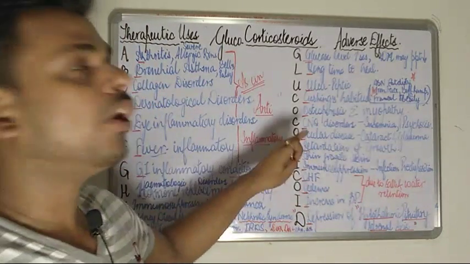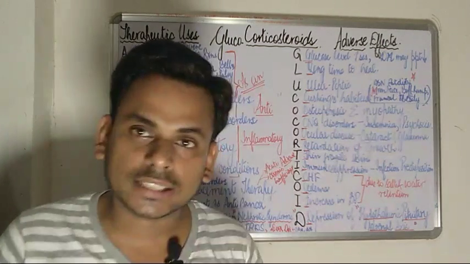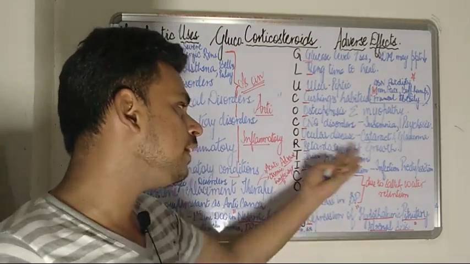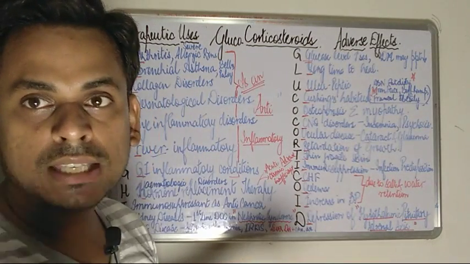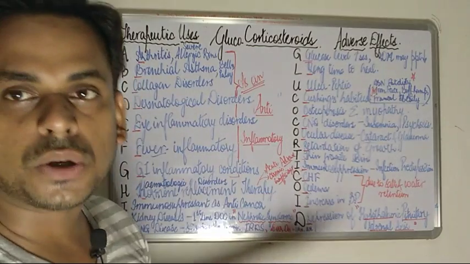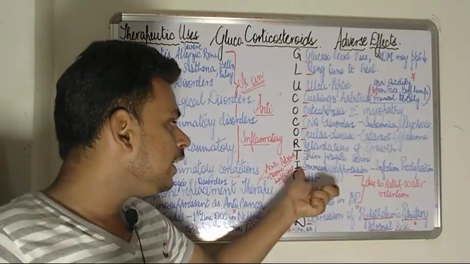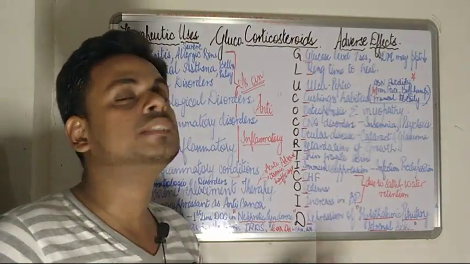Moving on to the T of the glucocorticoids, the T refers to thin, fragile skin. So students, another adverse effect that can be seen in certain patients is that they have thin, fragile skin due to long-term usage of glucocorticoids. Moving on to the next I of the glucocorticoids, it refers to immune suppression.